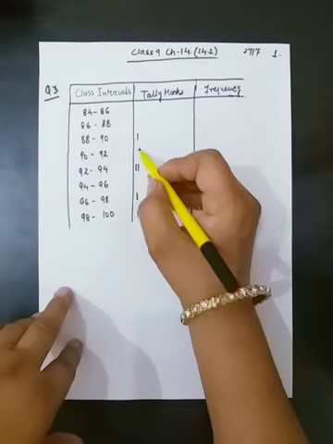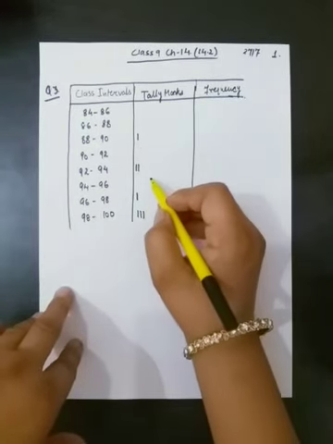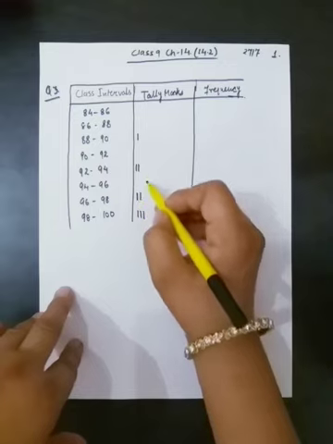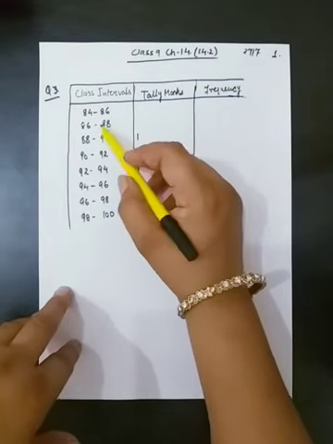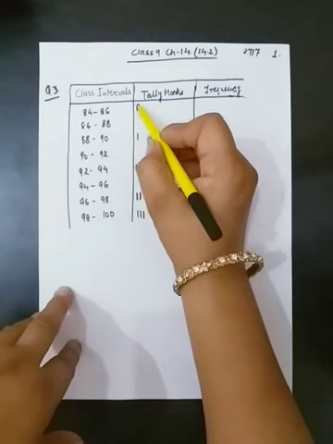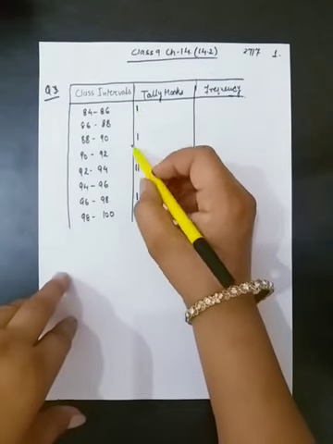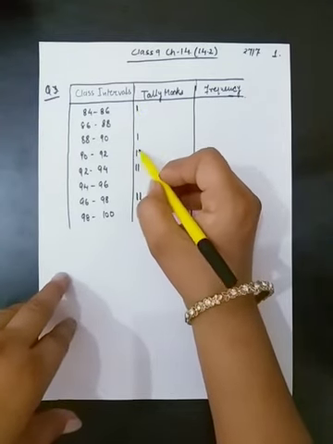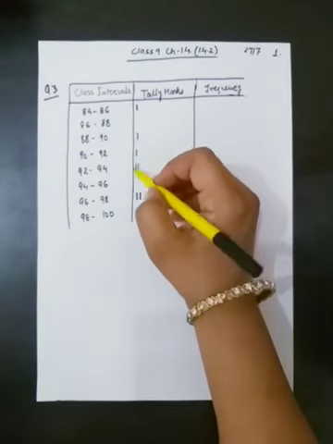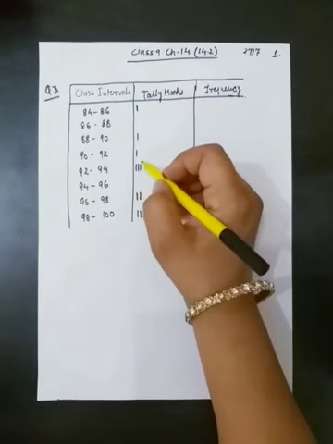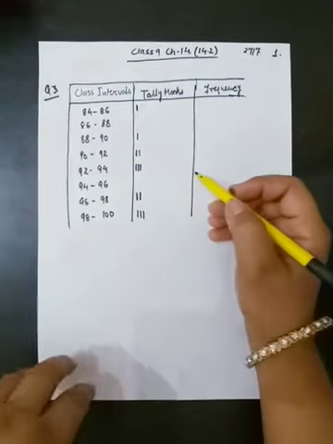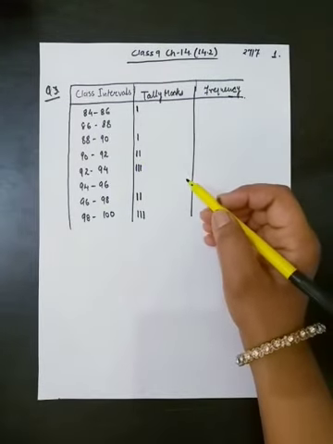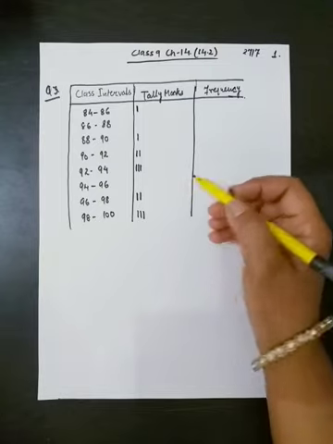Next is 99.2, 97.1, 84.9, which is in the first interval. Next 90.3, next is 93.5, next is 90.2. Similarly, we will put tally marks for all of the observations given in the table.